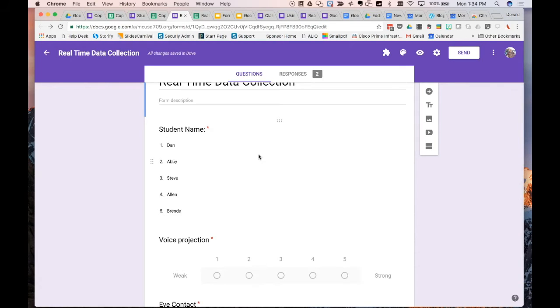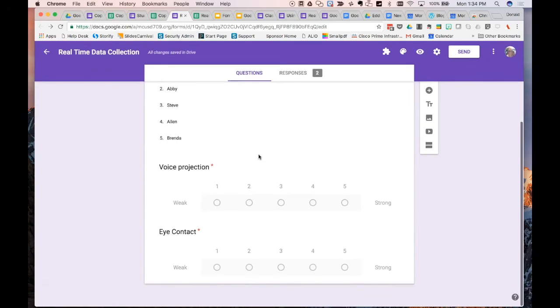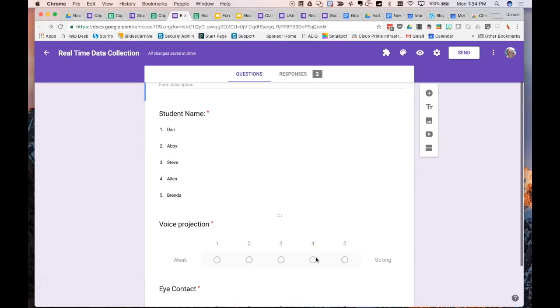And let's say that you as the teacher design your course or your assessment based on a set of criteria. These are, like in this case, I put 2, voice projection and eye contact. You've talked to students about what weak voice projection is versus what's strong. You've decided on this 1 to 5 Likert scale. Same thing with eye contact.